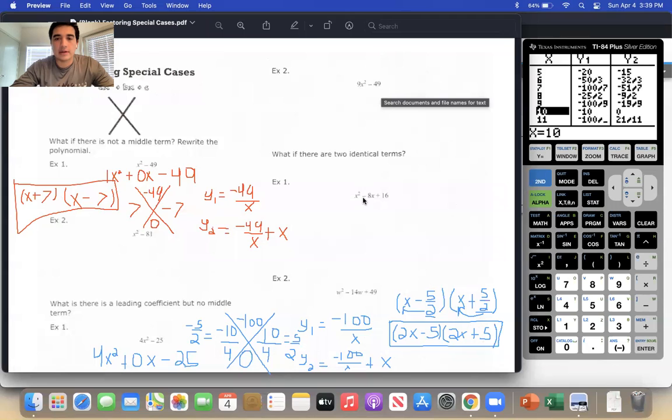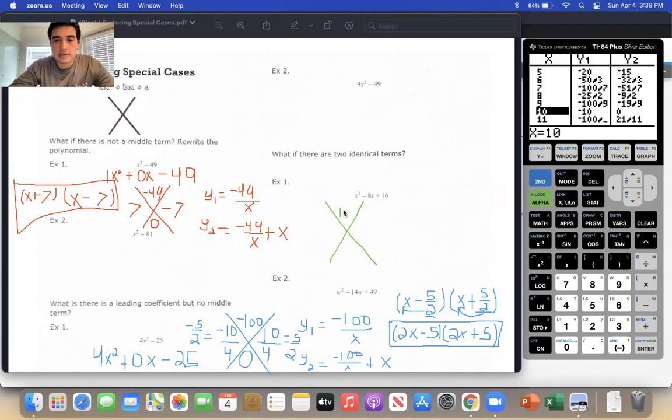Where we can just start with our x. So let me do it over here. So I draw my x. Okay, what goes on the top? A times c. So 1 times 16 gives me 16. My b value, what's in the middle? Negative 8. Okay, so then we make our equations.